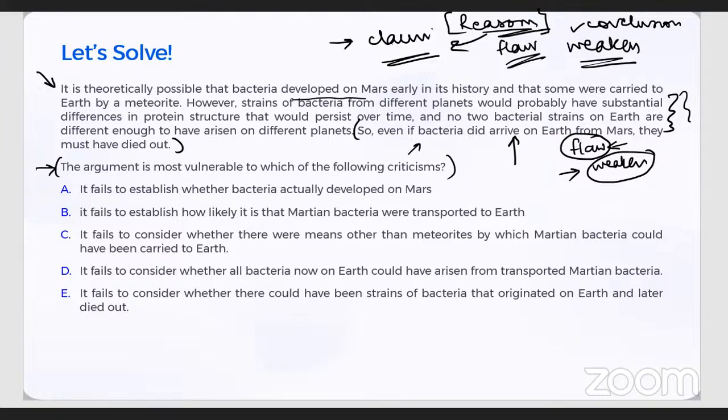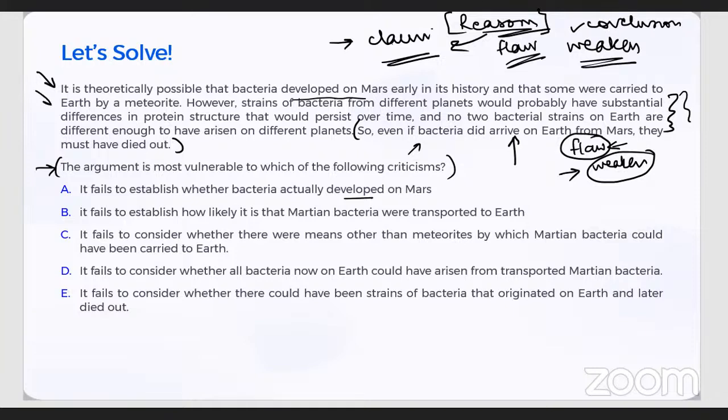Option A says that the argument is flawed because it does not prove that bacteria existed on Mars or developed there, or that it fails to establish whether bacteria actually developed on Mars. But if you think about it, the argument is already assuming that this is possible.